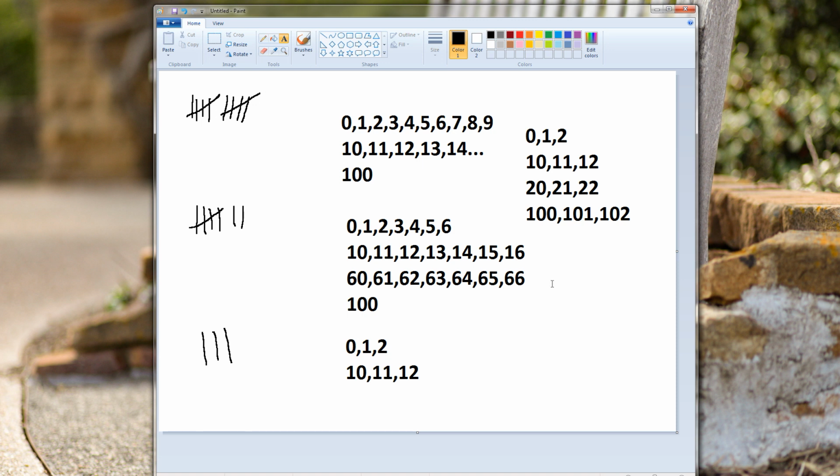So hopefully all this makes sense to you, and you can understand mathematically, as far as the base 10, base 7, and base 3 number systems go, one of the main reasons that the numbers 7 and 3 are important.